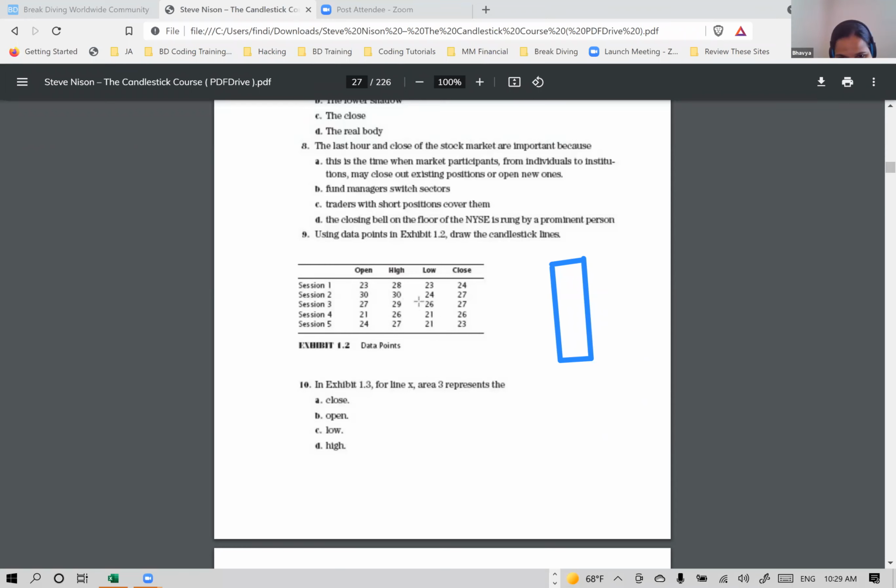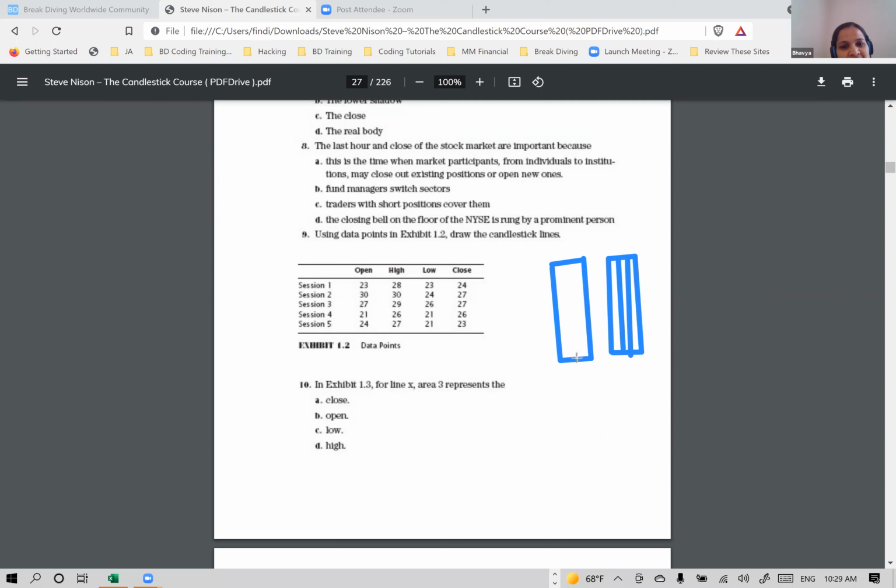Well, we have to find out first, did it open or close high? It opened at 23, so it went up, so it's going to stay white. Here we'll make another one that could be the black one, filled in. So this one would be 23 here.